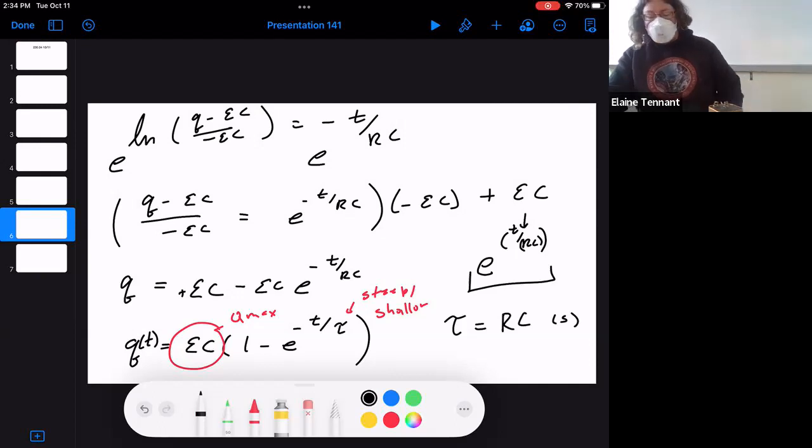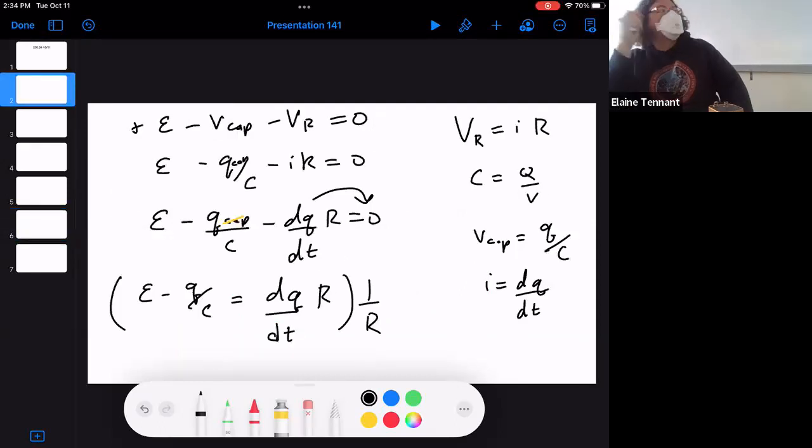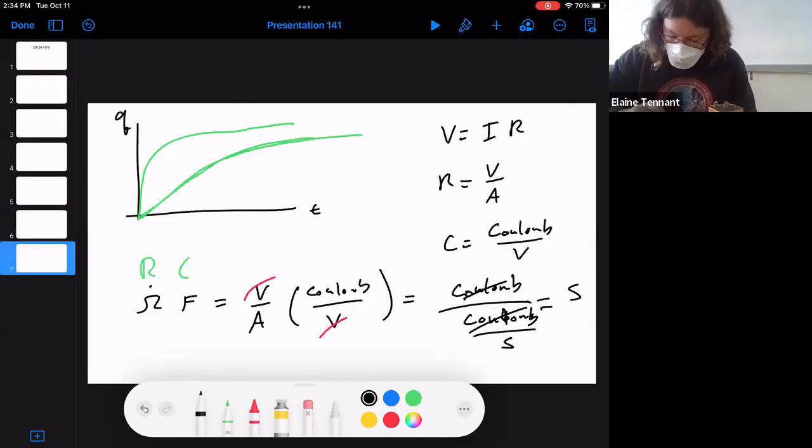So it would behoove us at this point to derive the current with respect to time. If you have an equation for charge with respect to time and you want the current with respect to time, how might you do that? Just take the derivative. Straightforward, right?